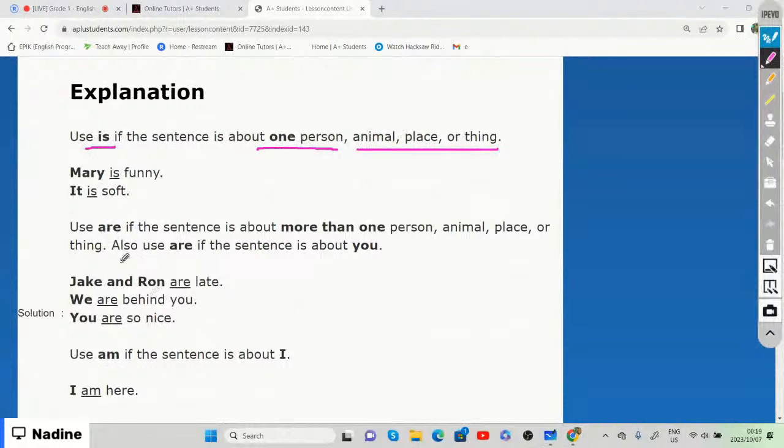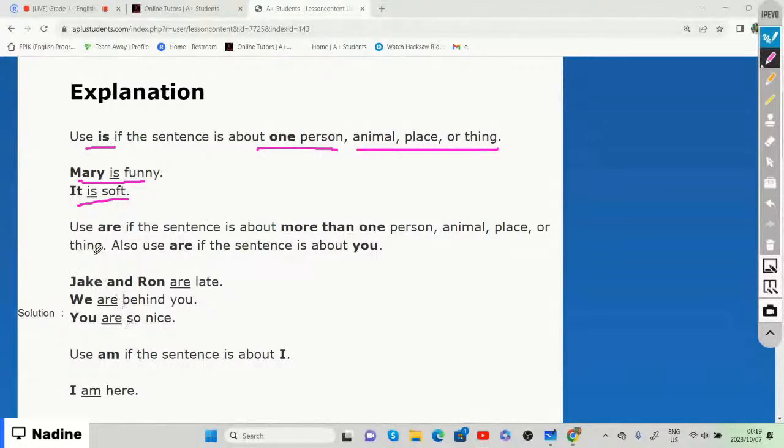We have an example of Mary is funny. It is soft. These are all things happening now, referring to a person or thing or animal or place that is doing things now. And we use is for one person doing something.